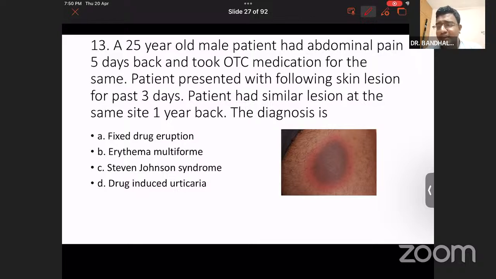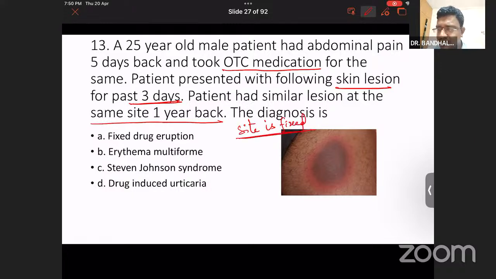In this, the clue is that they took OTC medication and had skin lesions over the same site after 1 year. So the site is fixed. Whenever lesions appear on the same site with a drug reaction, we have to think of a condition known as fixed drug eruption. But you may be confused by the appearance.